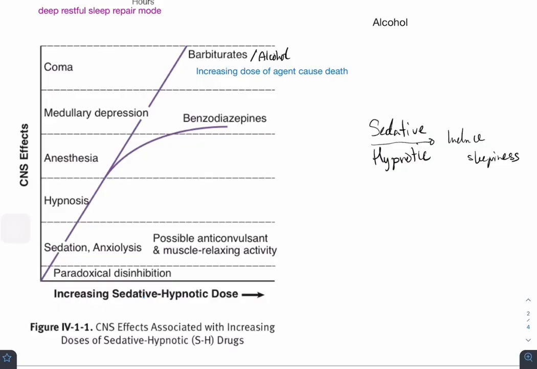Generally, we don't want to treat sleep, I remind you, because there could be a problem or a symptom. But if you need to, then you need to. Benzodiazepines started slowly with the sedative mode.